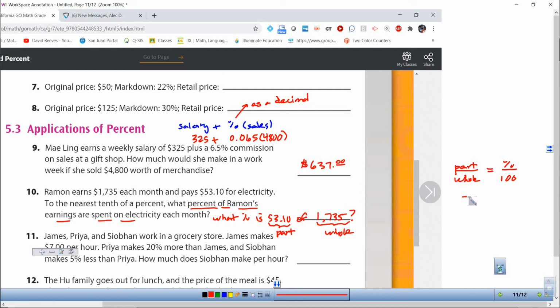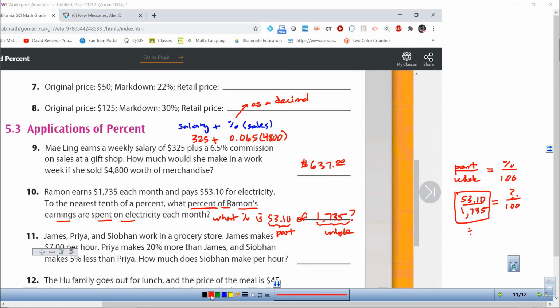So we have 53.10 over 1,735 is equal to something over 100. Okay, now, I hope you can clearly see that that does not go into 100 evenly, right? And we could try to do some simplifying, but remember, we can change any fraction into a percent by dividing.